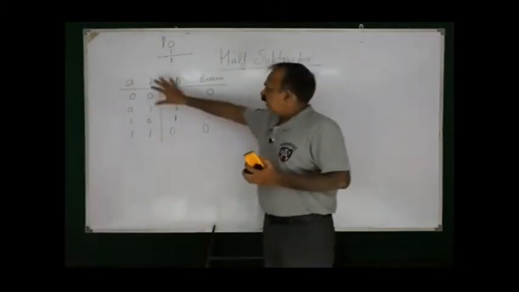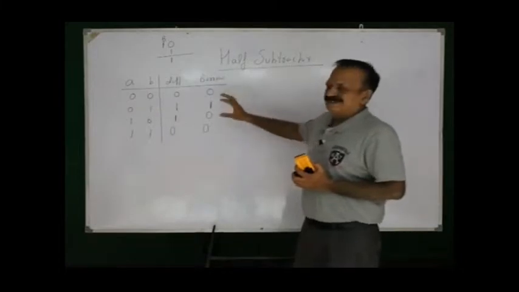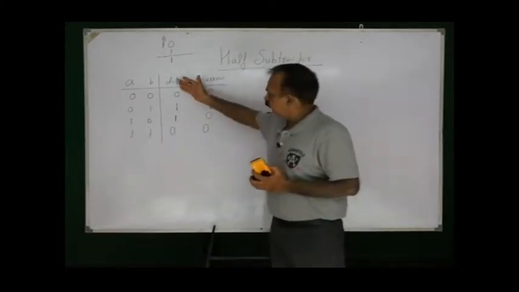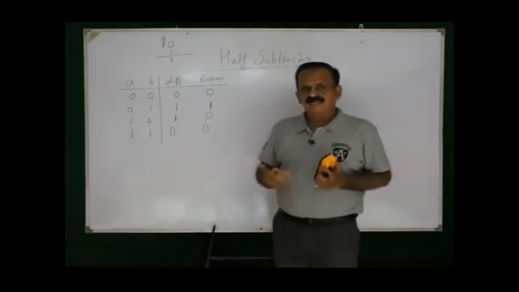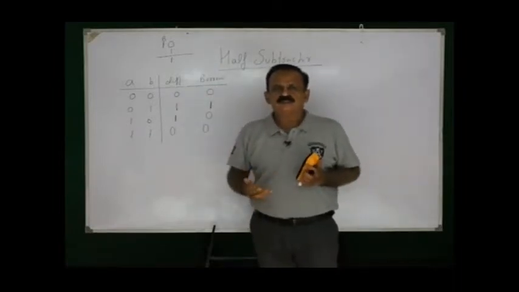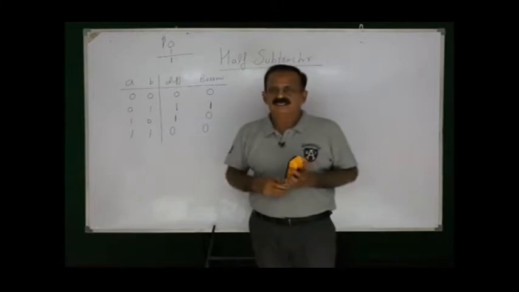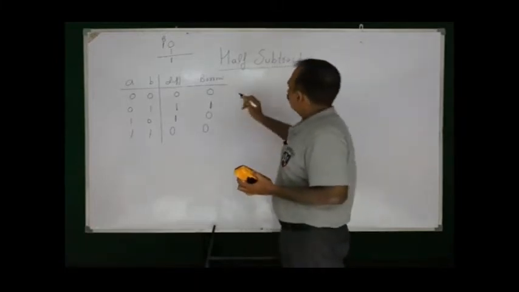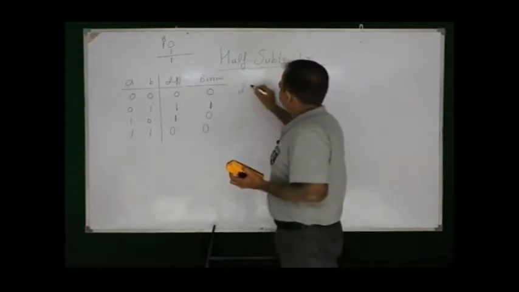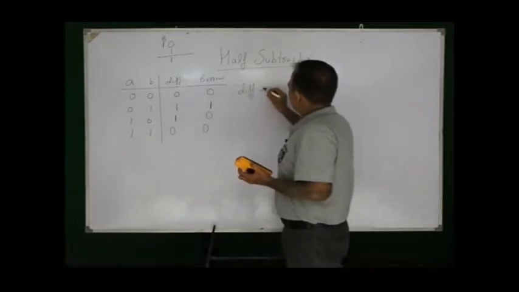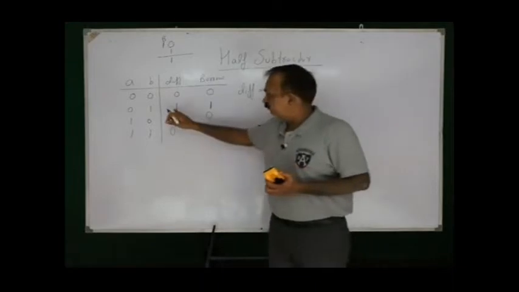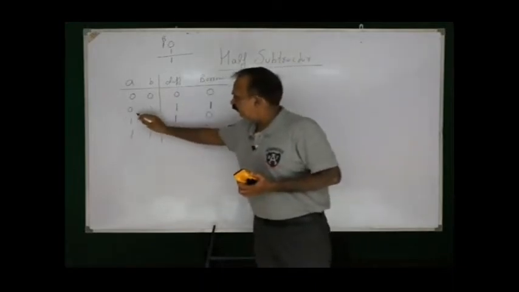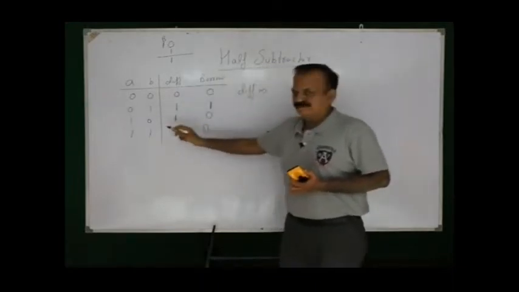Now after drawing this truth table, the next step will be, we will try to find out the expression for this difference and this borrow, as well as we will try to find out which gate can be used for this purpose. Say the first one is difference. Carefully, if we see the difference value, the difference value is 1 if the number of high inputs is odd.